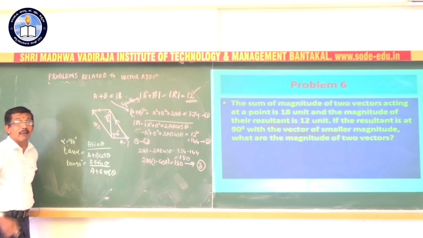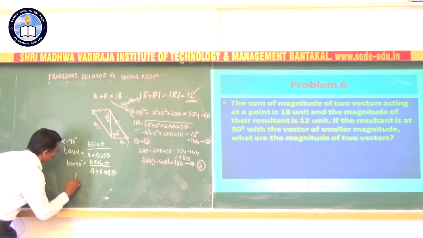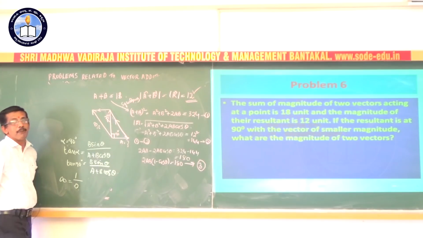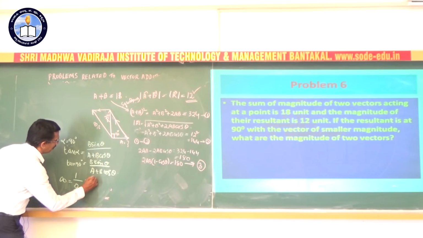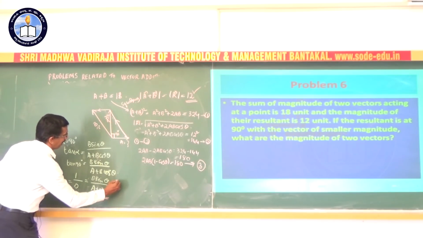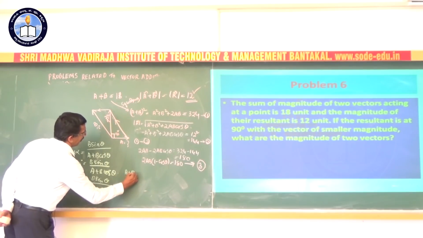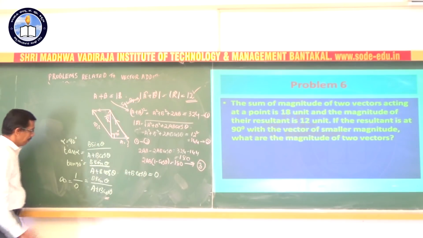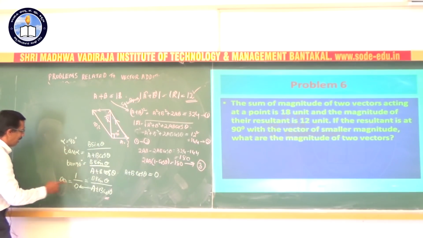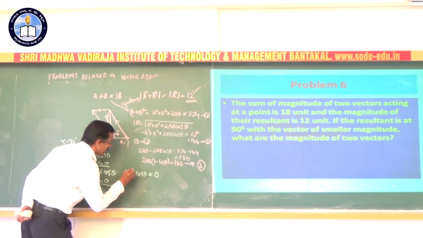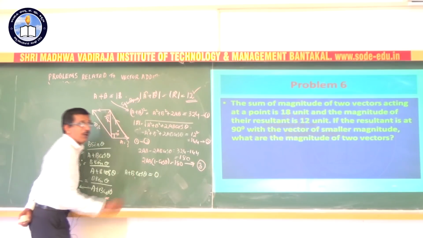Tan 90 is nothing but infinity, which I will write as 1 by 0. Something by 0 is known as infinity. So it is equal to B sin theta by A plus B cos theta. This implies A plus B cos theta is equal to 0, because the denominator becomes 0, then the value becomes infinity.